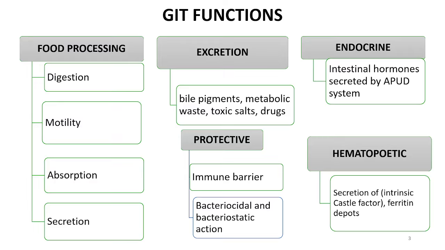So immune barrier starts from the mouth cavity, and it's first of all epithelial barrier that we see throughout the whole gastrointestinal tract. Tight epithelium does not allow the absorption of toxic substances. We see that it's very tight in the stomach, for example, in the intestines.